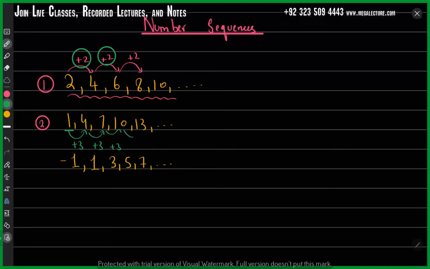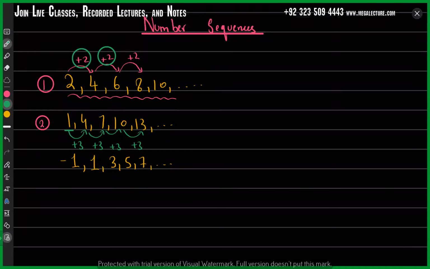So this is a sequence, and it is following a specific pattern, that is +3. We are adding a number to the previous term to get the next term. So now we know in a sequence we have some numbers, but the numbers are not random. They are coming up through a pattern.